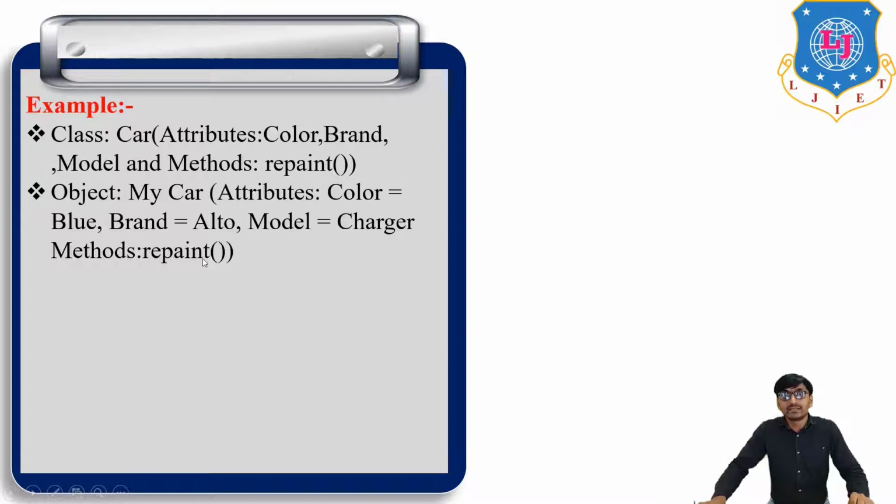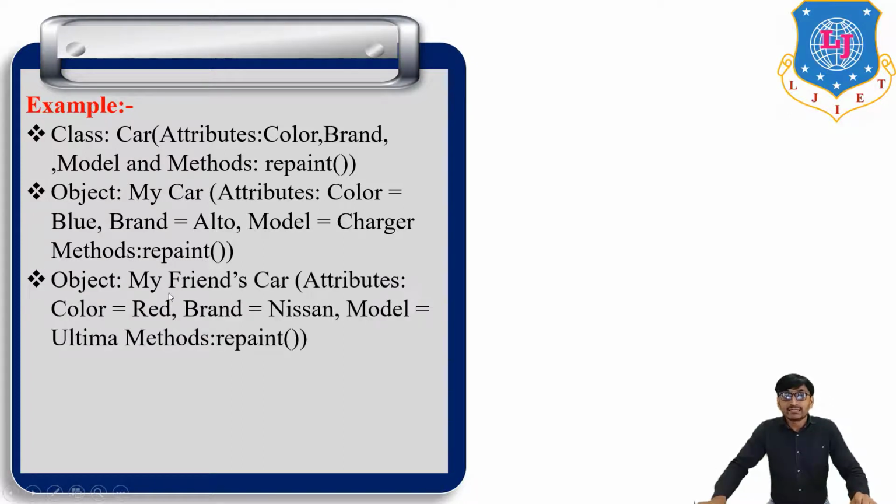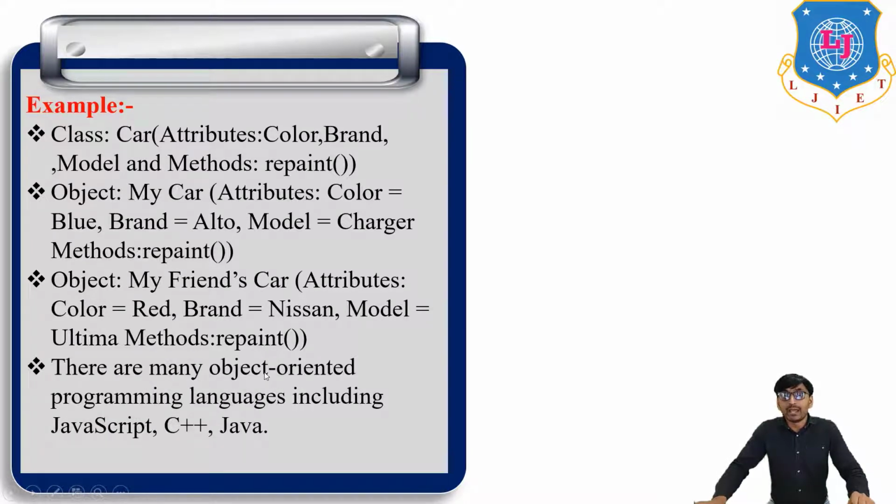Then method repaint. Then second object from the same class, my friend's car. Attributes, color is equal to red, brand is equal to Nissan, model is equal to Altima, method is equal to repaint. There are many object-oriented programming languages, including JavaScript, C++, and Java.